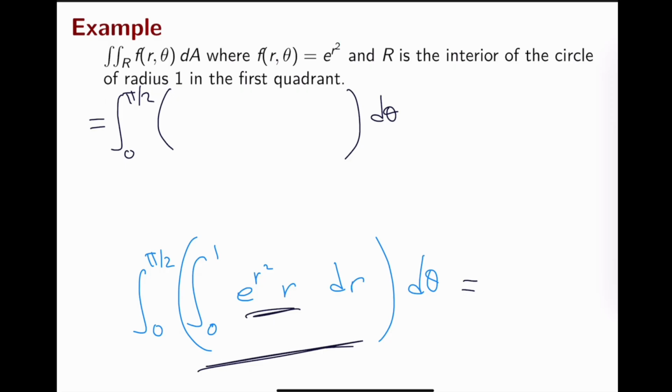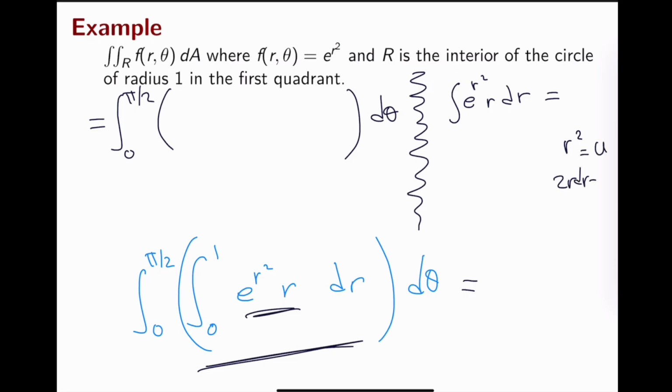Well, in order to calculate the primitive, we're going to calculate it separately. Remember, when there are extremes involved, we need to calculate the integral separately. The primitive of e^(r^2) r dr is going to be, by doing the change of variable, r squared equals u, 2r dr equals du, and so dr equals du over 2r.